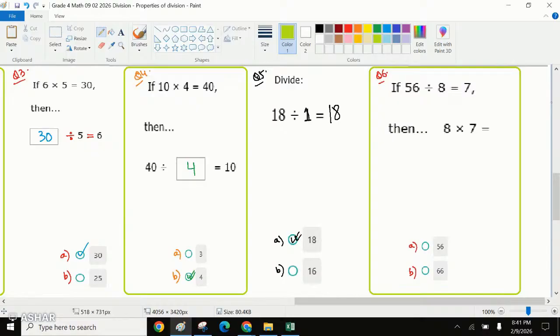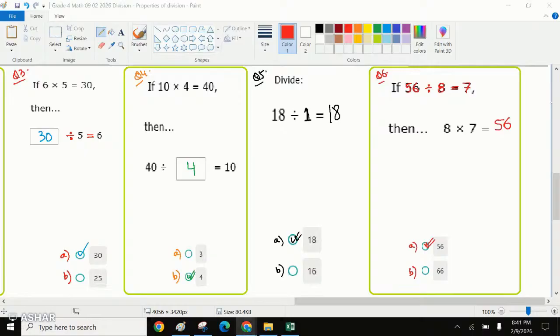Thank you, Nate. When 56 was divided by 8, it came out to be 7. That means 8 multiplied by 7 would be 56. Agreed? Thank you, May. Thank you, Nate. That would mean it is 56.